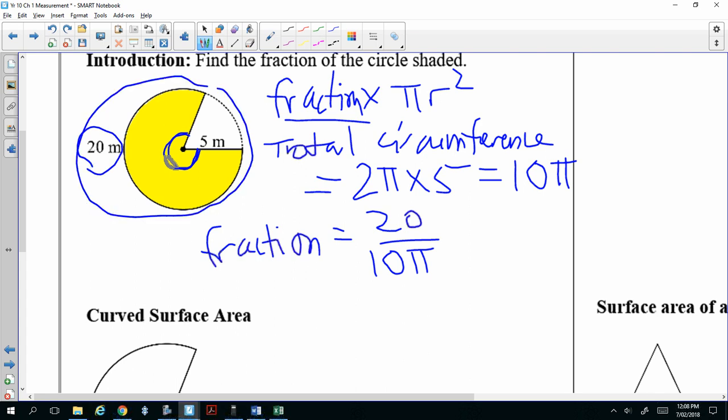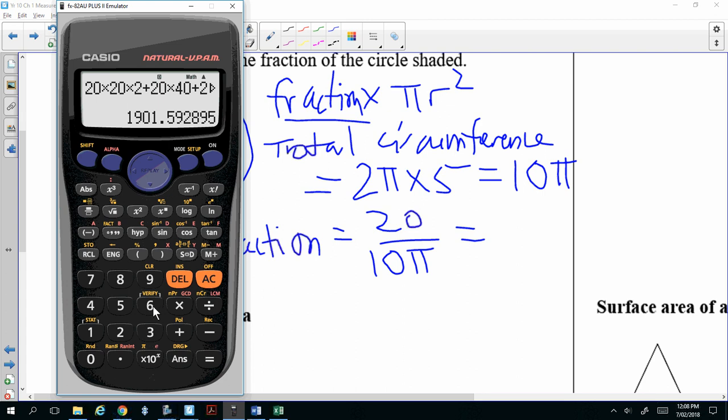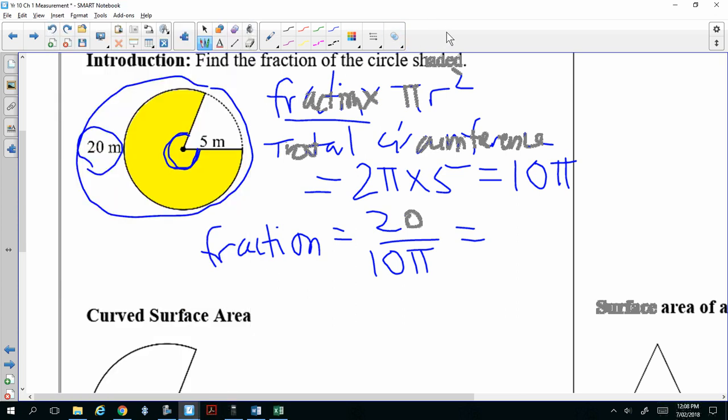Let's do it on a calculator. 20 divided by 10 pi, press equal, and we get 0.63 or 0.64, about 64% of the circle.